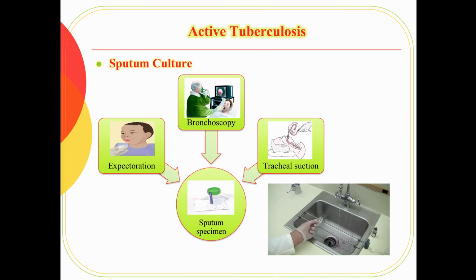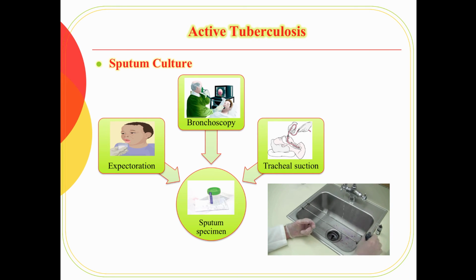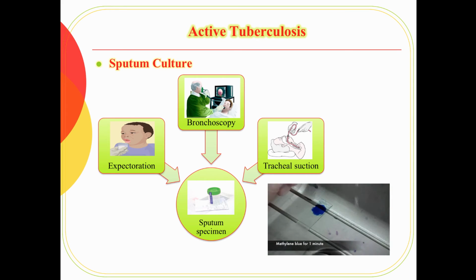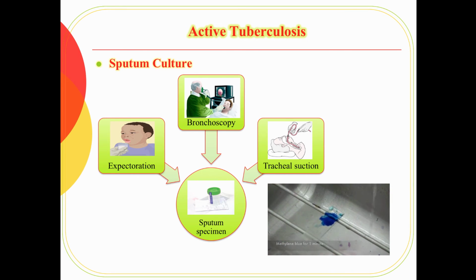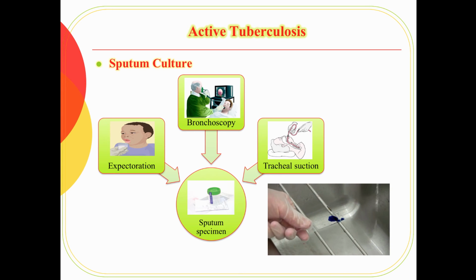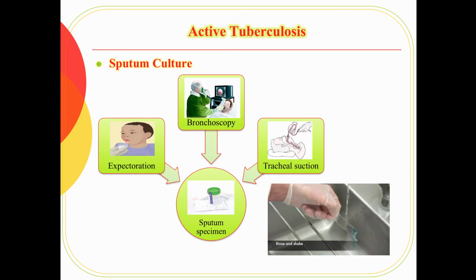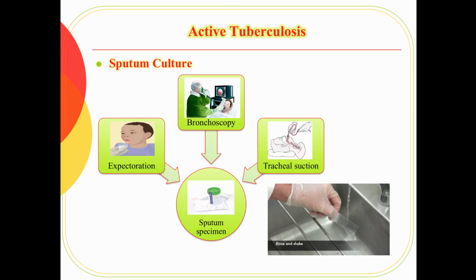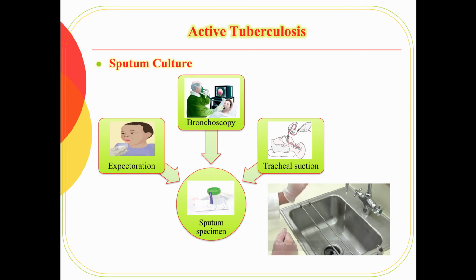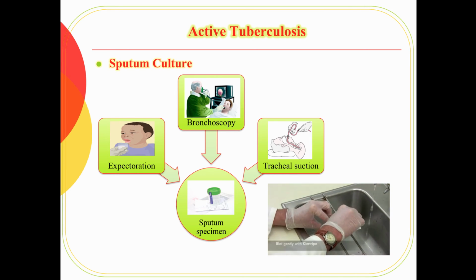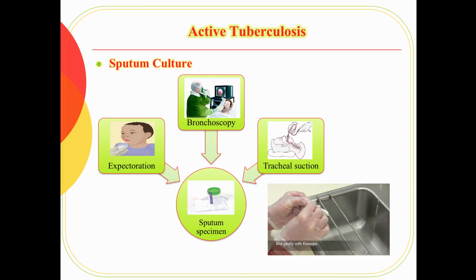And the last step will be methylene blue. You're going to cover the smear with the methylene blue and leave it on for 1 minute. After 1 minute, rinse off the methylene blue from the slide and shake off the excess water, and then blot it gently with a Kimwipe until it's dry.